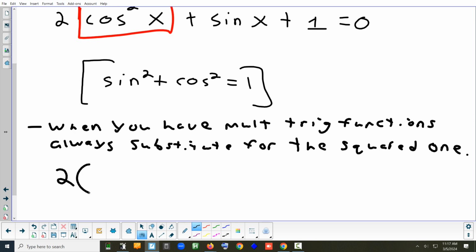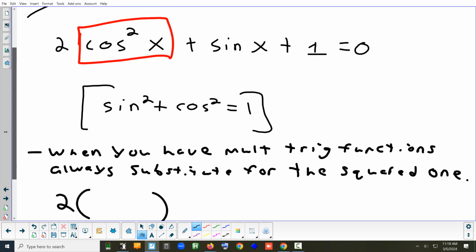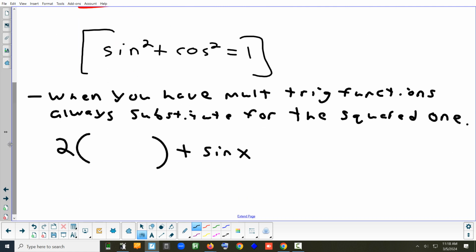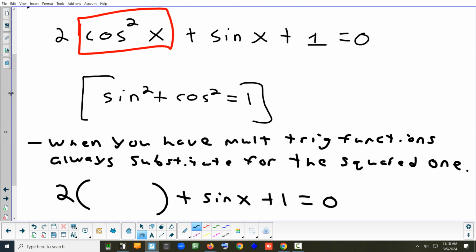So you're going to have 2. Leave parentheses to fill in something. Plus sine x plus 1 equals 0. Now, you have to figure out what are you plugging in for the thing that's squared.